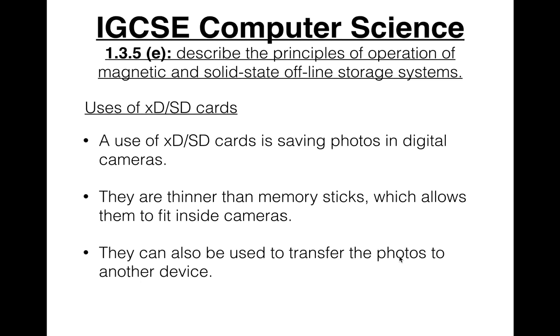What usually happens is cameras still use XD or SD cards, but the transfer of files is usually done by using a USB port and USB cable, transferring the files to the computer. One end plugs into the camera, one end plugs into the computer, and that's how it's done. So that's pretty much it for memory.